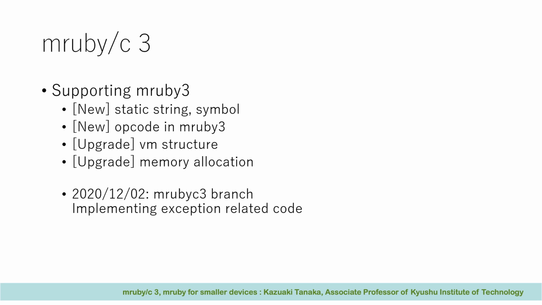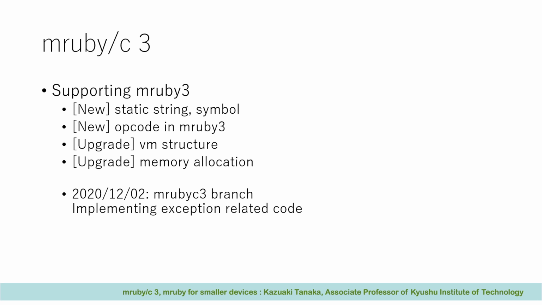Previously, I talked about the differences and similarities between mruby and mruby/c. The bytecode is exactly the same in mruby and mruby/c. So mruby/c should support the new opcodes in mruby3. So we are supporting this point. And another upgrade is a newer virtual machine structure.